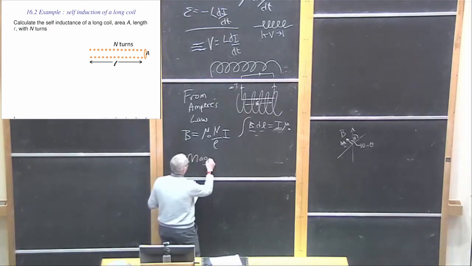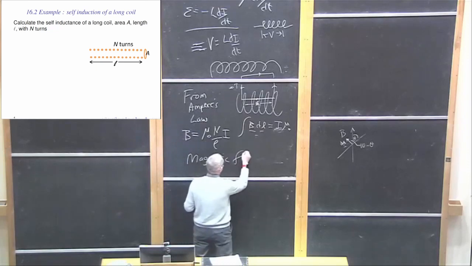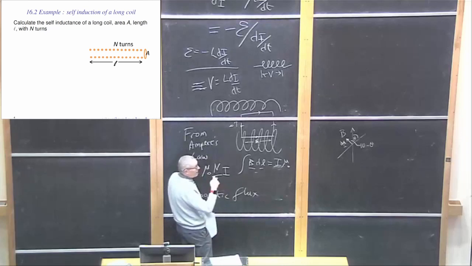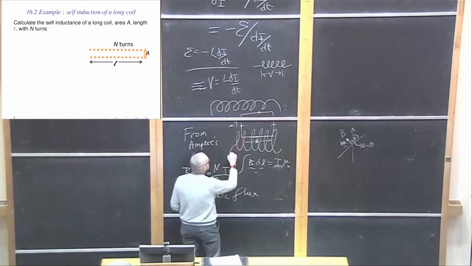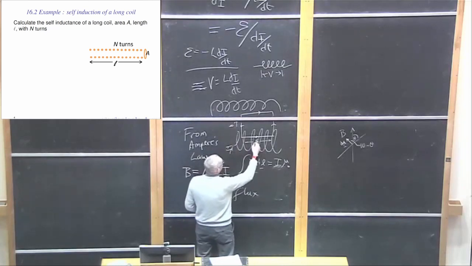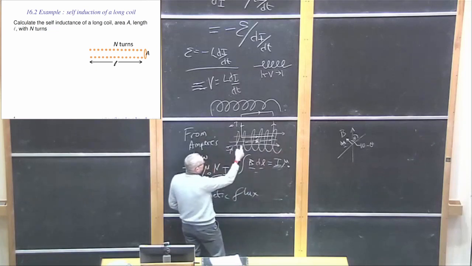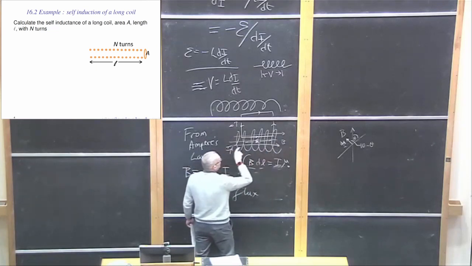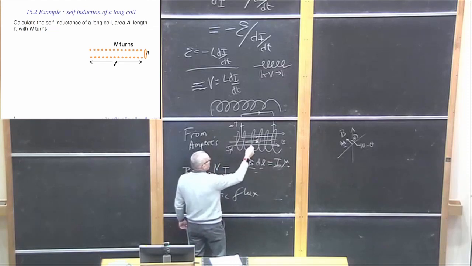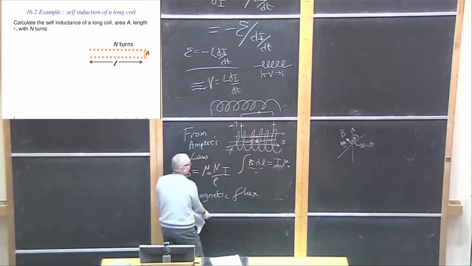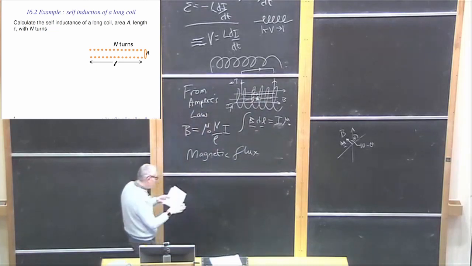So the magnetic flux. Where is the magnetic flux? If this field is changing due to a changing current here, then the field lines are going like this, depending on the direction of the current. The field lines are going along there, which means that the flux linked is an area perpendicular to those field lines.